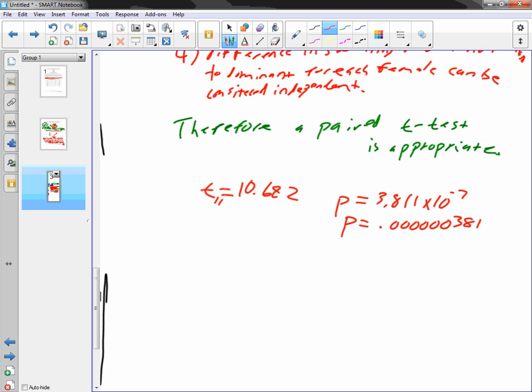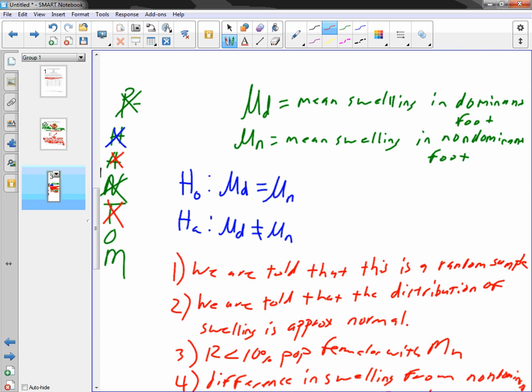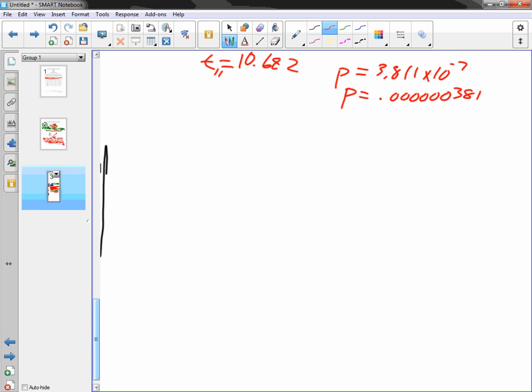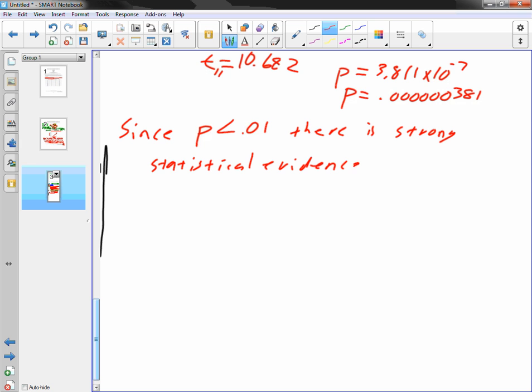So what we've done as far as phantom goes is we've got our test statistic. That was the t-value. We obtained the p-value. And now we need to make a conclusion. And remember, with your conclusion, you always want to link it to the p-value. So I will say since p is less than 0.01, there is strong statistical evidence to reject the null hypothesis, period.